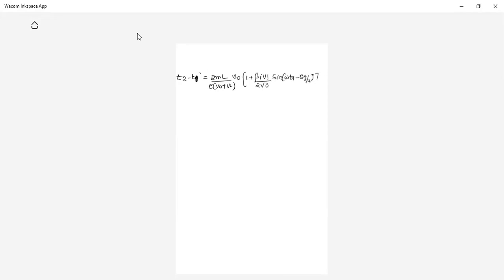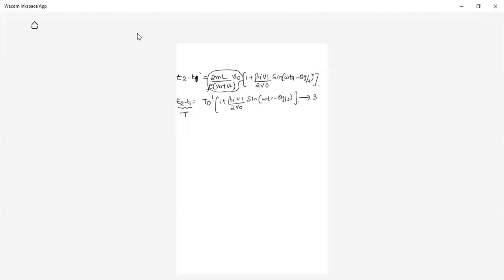This is the expression we got, and this is represented as T naught dash. So T2 minus T1 is equal to T naught dash into the remaining expression, sine omega T1 minus theta G by 2. So now, let us name T2 minus T1 as T.